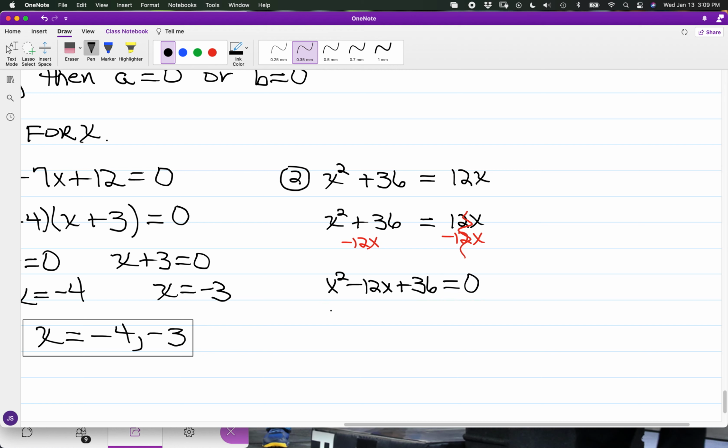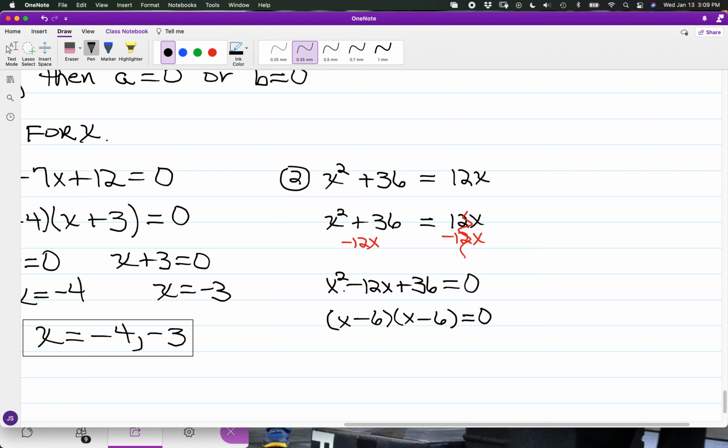And looking at factoring, from x squared I have x and x, and then factors of positive 36 that will add to negative 12. It turns out that this is a squared trinomial, since we had the same binomial factored out, x minus 6 and itself.